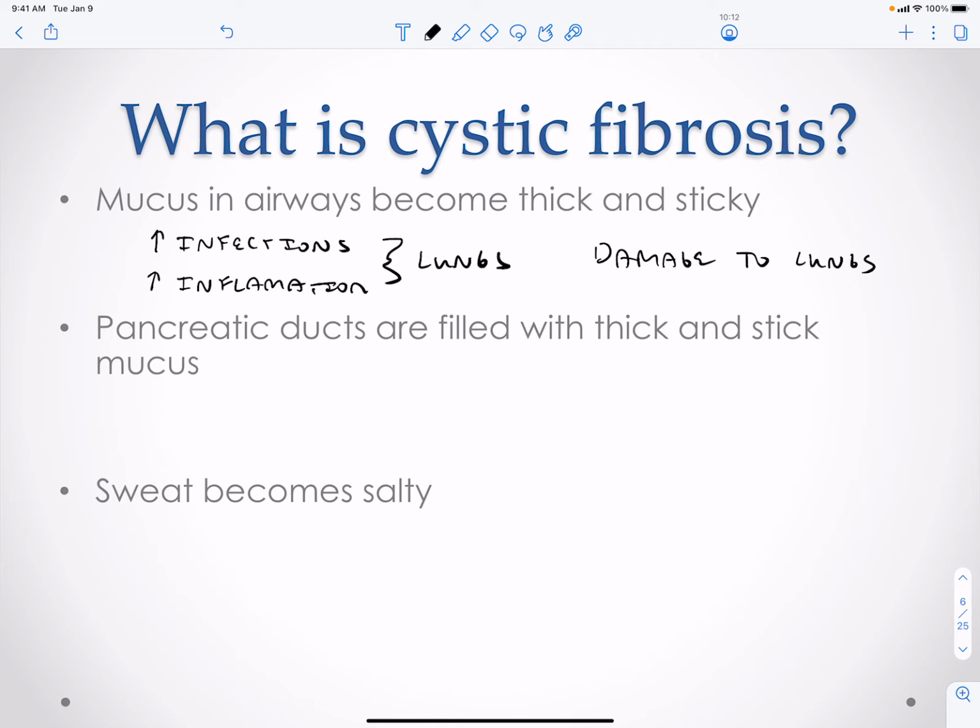The result is that your ducts get filled again with this thick, sticky mucus, and this results in a lack of digestive enzymes, because your pancreas releases many of your digestive enzymes. You also have malnutrition and vitamin deficiencies because you're not able to absorb your vitamins.